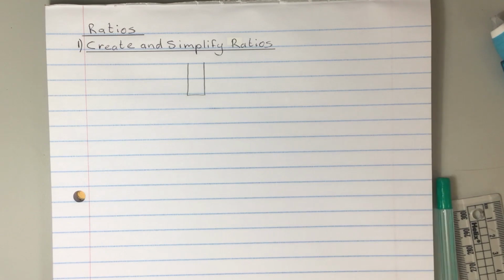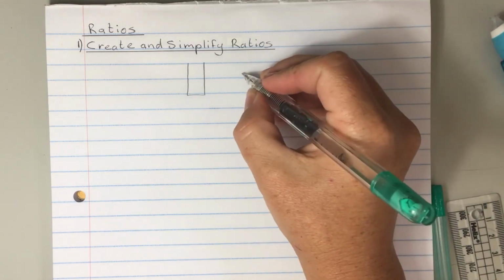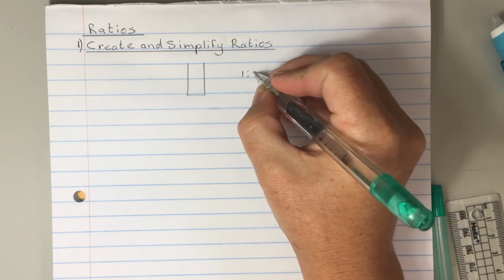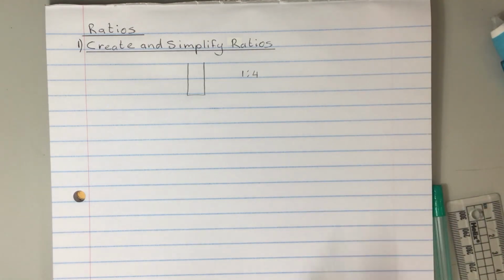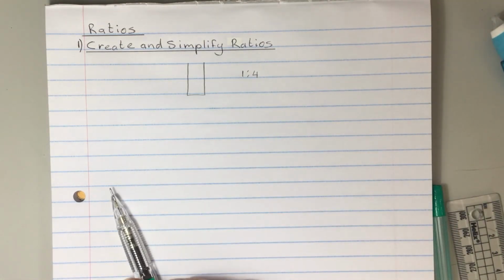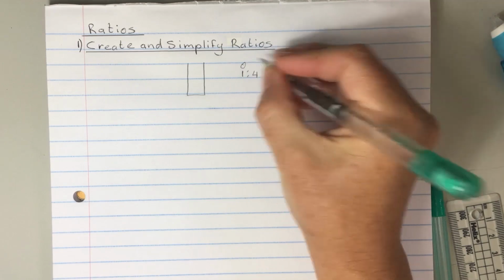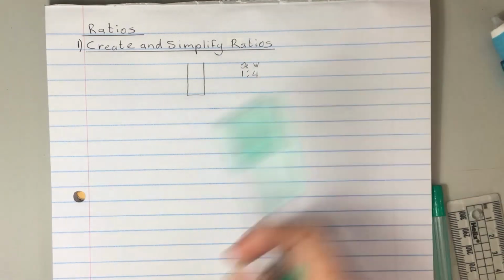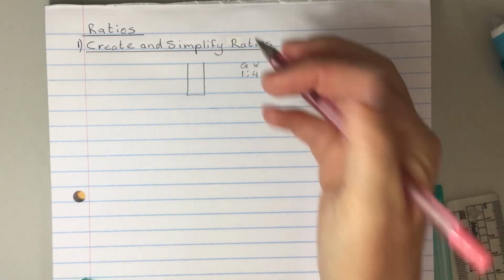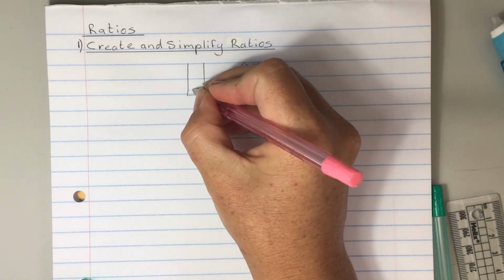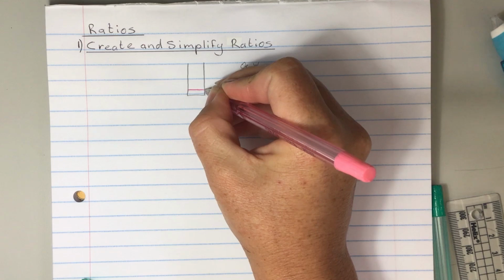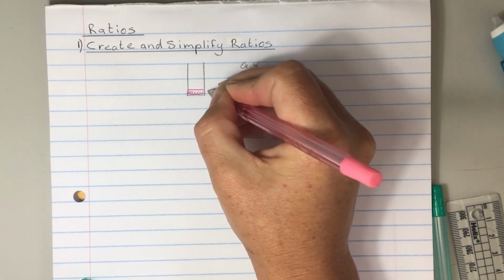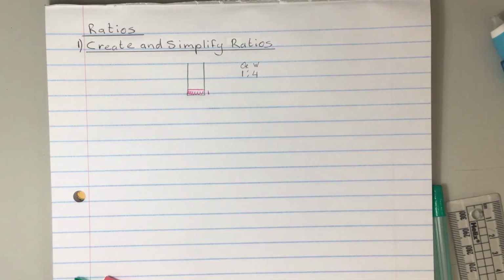Then I look on the instructions and it has something like this, 1 to 4, which means for every 1 part of Oros I add, I need to put in 4 parts of water. So for example, I will then put this amount of Oros at the bottom, which is 1 part of Oros, which means I need to do the same thing with my water.